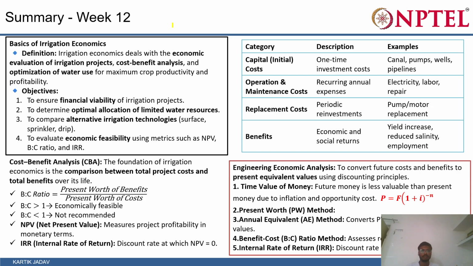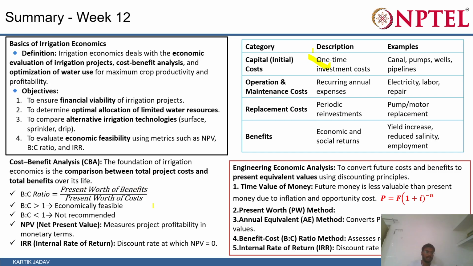First one is the cost benefit analysis, also CBA, or you can say benefit cost analysis or ratio. This is the foundation of irrigation economics, a comparison between total project cost and total benefits over its life. The benefit to cost ratio is the ratio of present worth of benefits divided by present worth of cost.